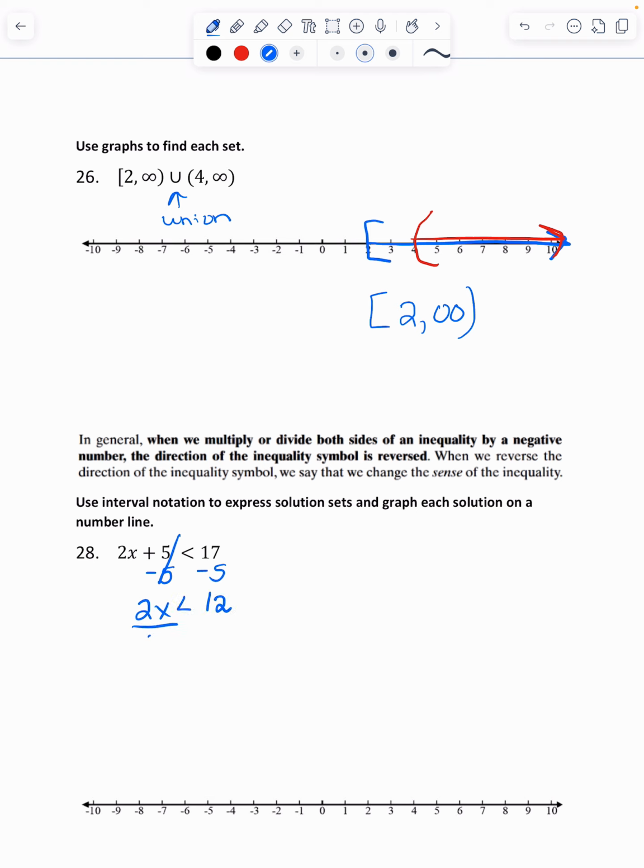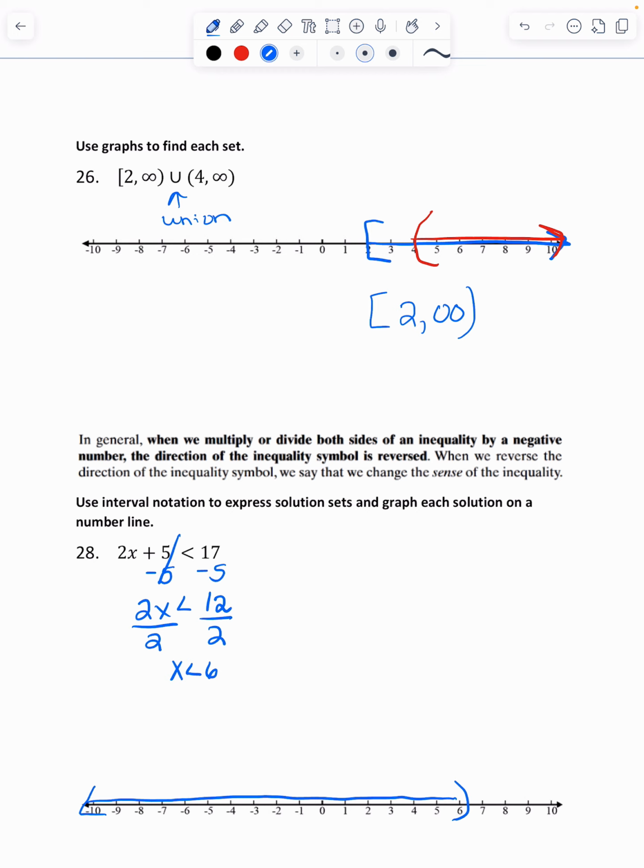And then I'll divide both sides by 2, and we get x is less than 6. So I'm going to come down here to my graph, and I'm going to graph all the numbers less than 6. So all the numbers x less than 6 means that, starting left to right, we're going to graph all the numbers less than positive 6. And since there's no equal sign on our inequality, I know that I'm going to use a parentheses.